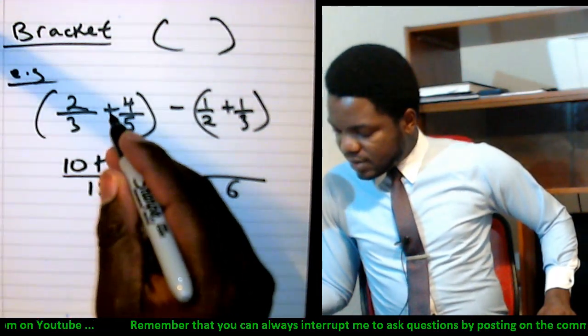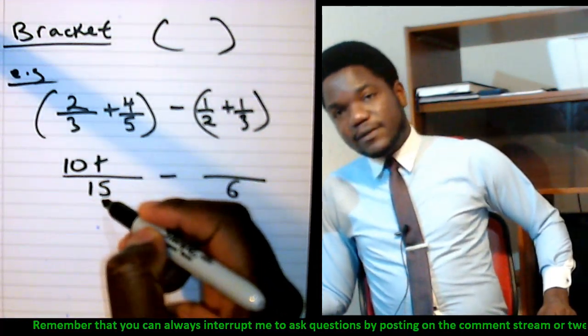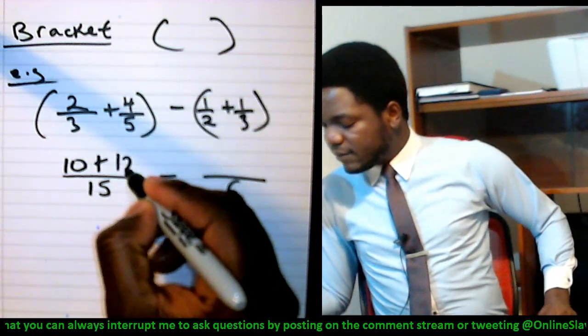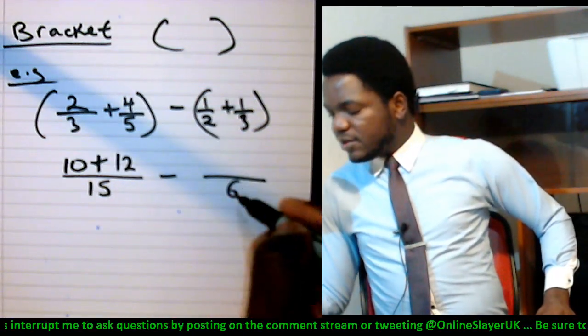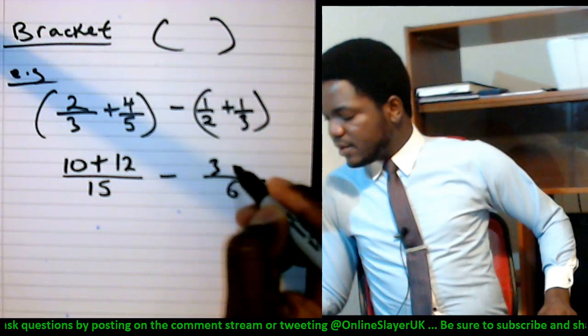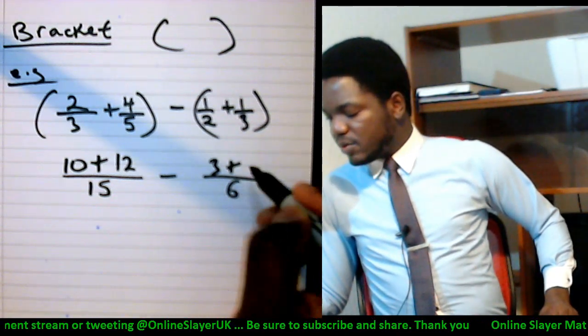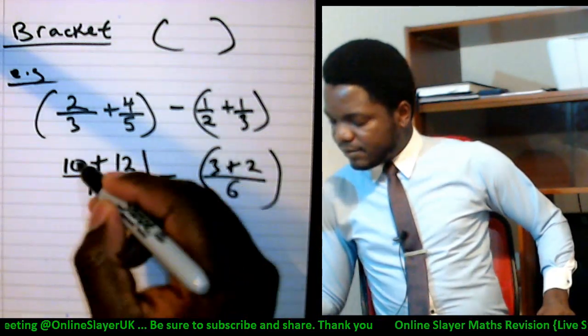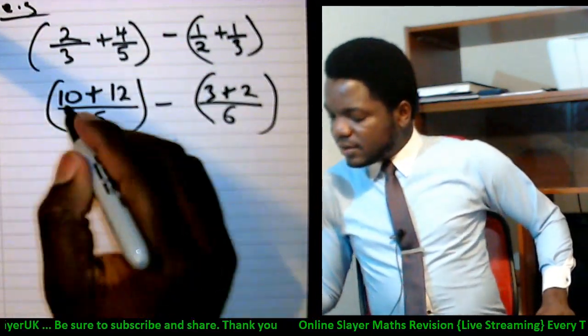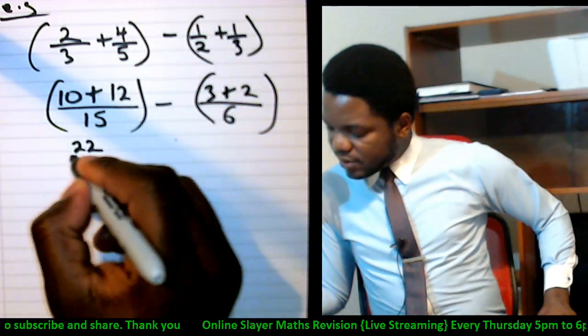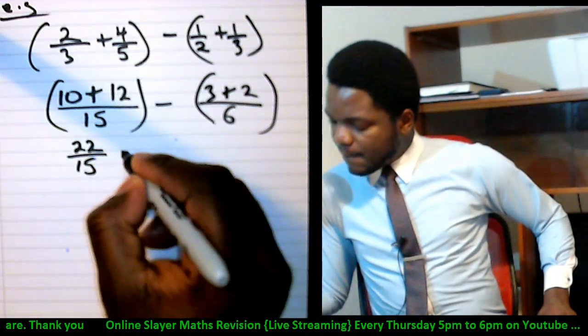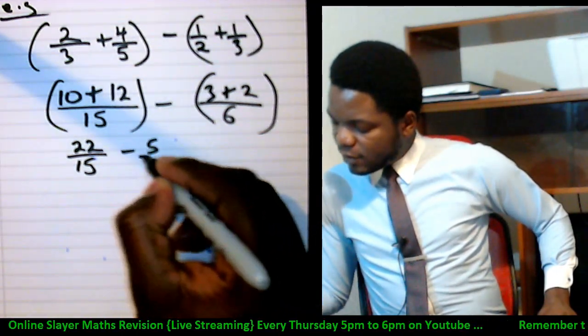Plus, because of the plus sign here, how many 5's do you have in 15? 3. 3 times 4 is 12. How many 2's do you have in 6? 3 times 1, 3. Plus, how many 3's do you have in 6? 2. 2 times 1, 2. Still take note of your bracket. 10 plus 12 is 22, so you have 22 over 15 minus 5 over 6.